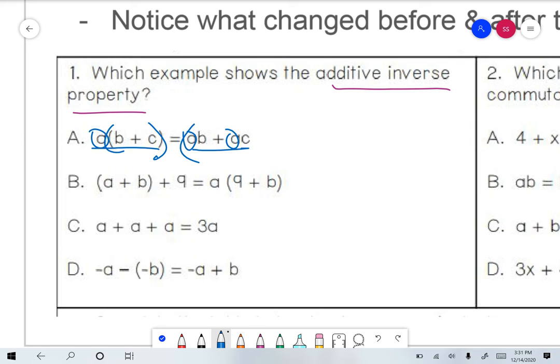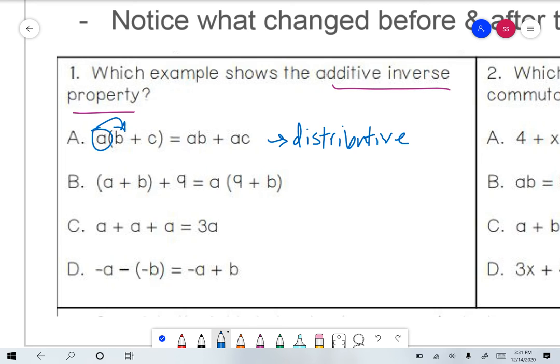Here there are no parentheses. So what this option is describing is the distributive property. We are distributing the A, we're multiplying it by both things inside. So A times B and then A times C. So that would not work.